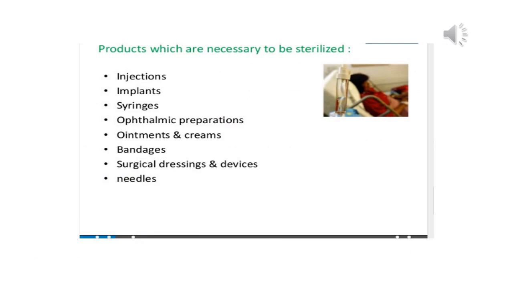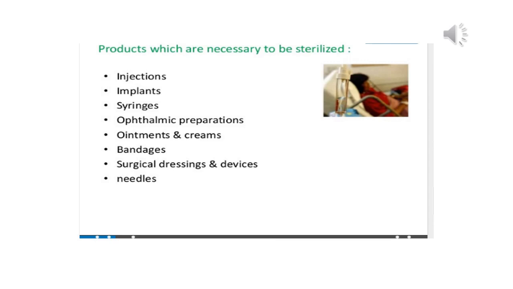Not all the products need to undergo sterility testing. Sterility testing is performed on the products which come directly in contact with your body fluids, with your blood, or with direct wounds.